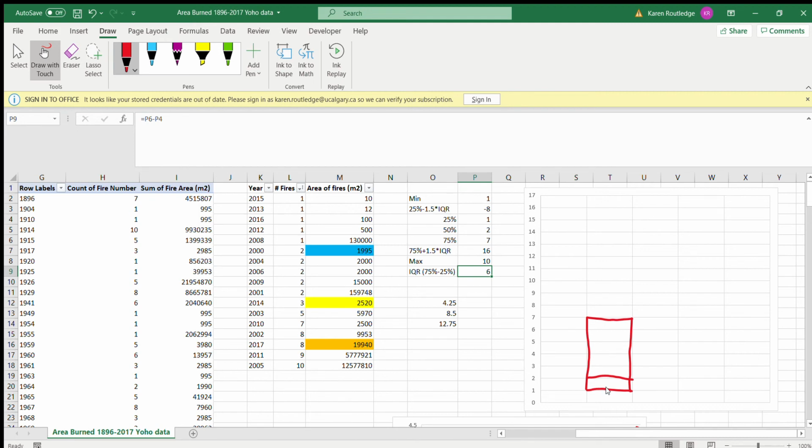Well, we already have a line at the value of 1, so we don't actually have a whisker in this plot. The minimum of the data is the same as the 25th percentile, so this one does not get a whisker. It wouldn't really make sense to put a whisker down to a value of -8 because we have no data that far. The lowest data point we have is a 1, so we wouldn't want to extend our plot to anything past the lowest data value, so we won't end up using this one at all.